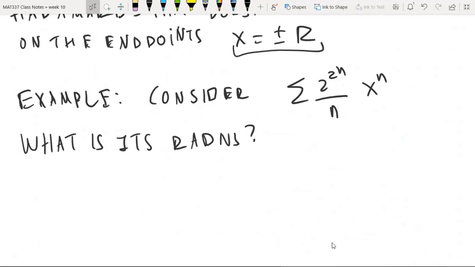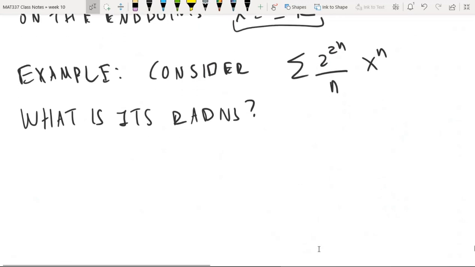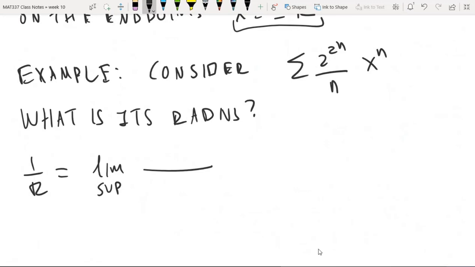I think I want to work with the ratio test. Let me do the ratio test. We'll see. So this is a lim sup of what? We have a_n and a_{n+1}, right?